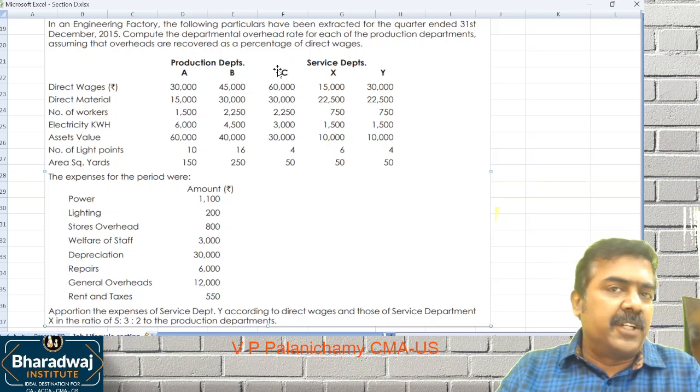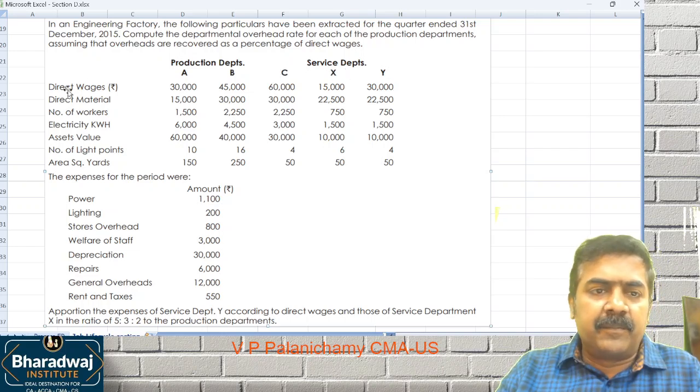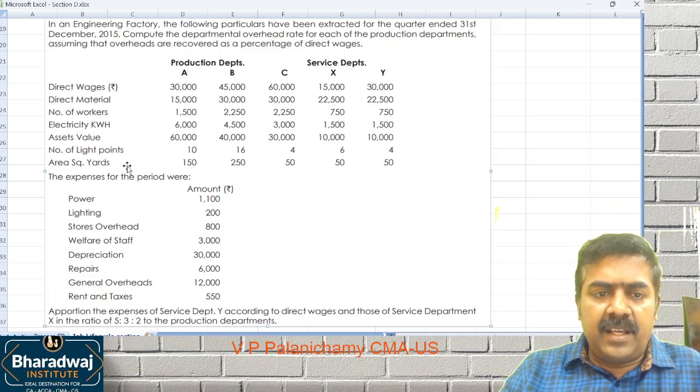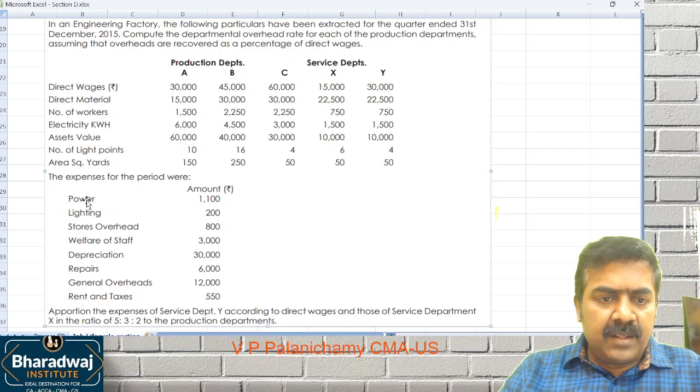There are 3 production departments, like the base example I gave you, and 2 service departments. We are given the basis: direct wages, direct material, number of workers, electricity in kilowatts, asset value, light points, and area in square feet. Expenses for the period are also given.